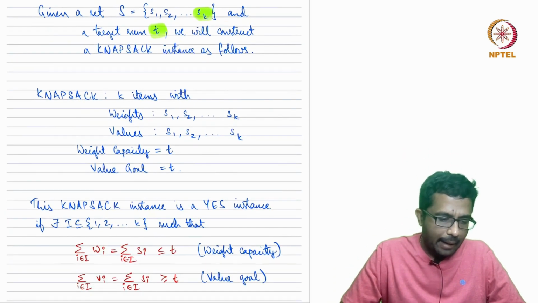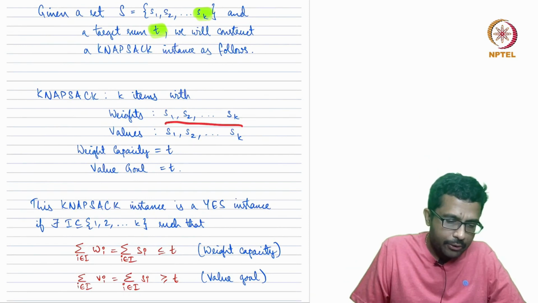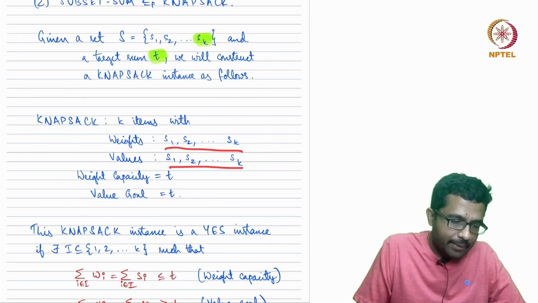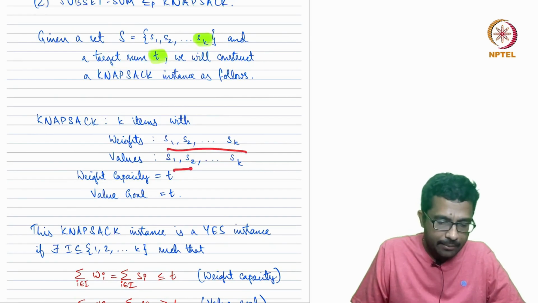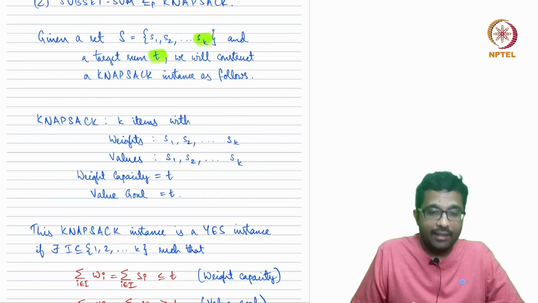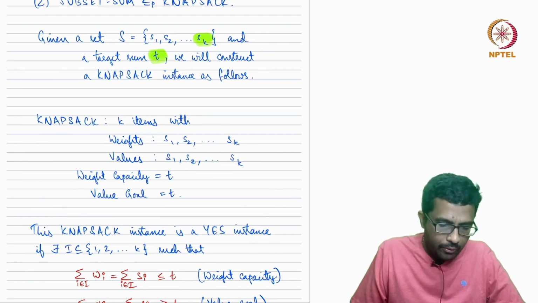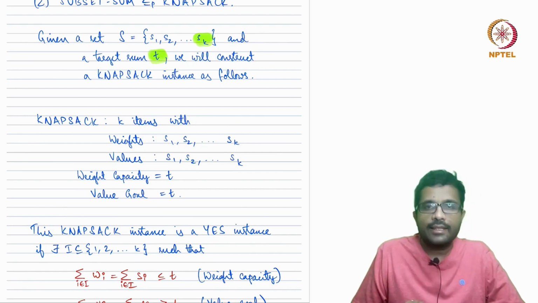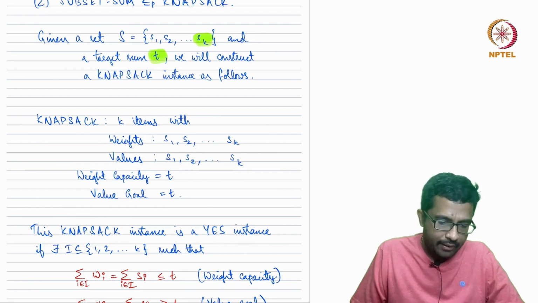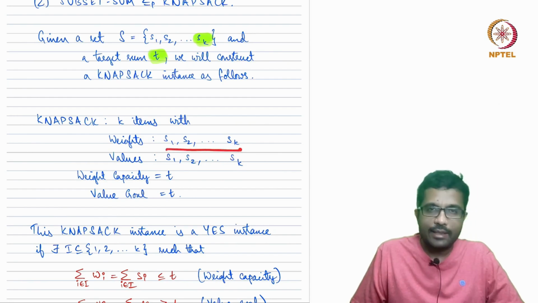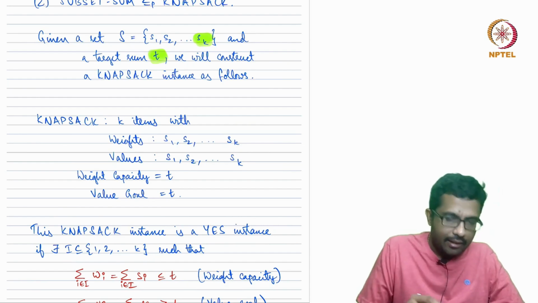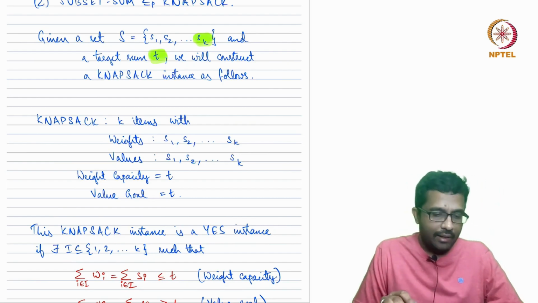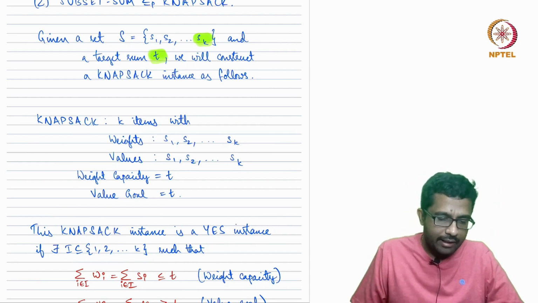So now we have to show that the subset sum instance given here is a yes instance if and only if this knapsack instance is a yes instance of knapsack, right. So for a yes instance of knapsack, what do we have to satisfy? We have to check whether there is a subset, right, meaning a set I of indices, such that the sum of weights is at most the weight capacity.